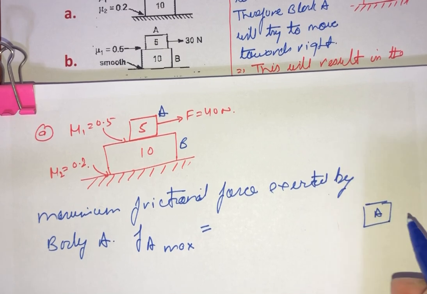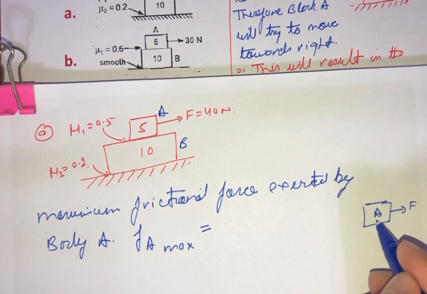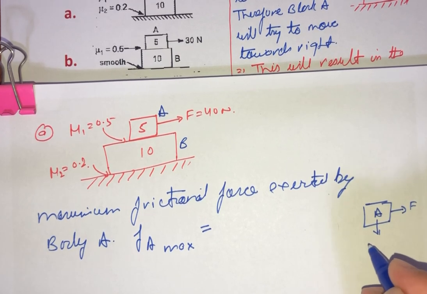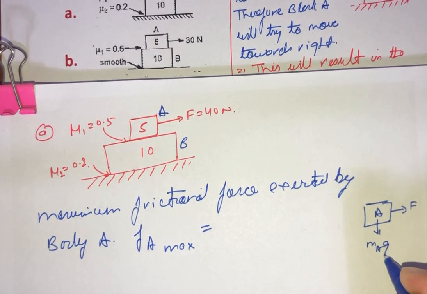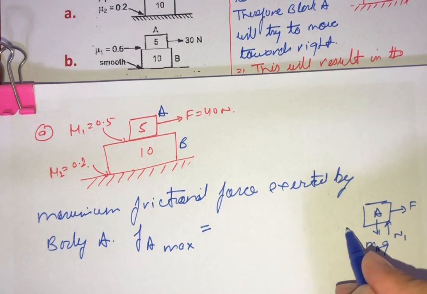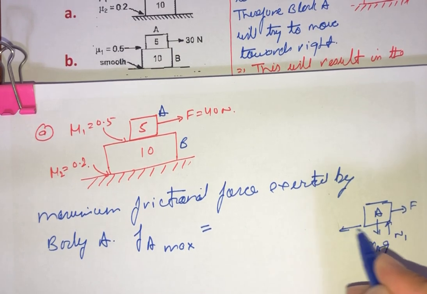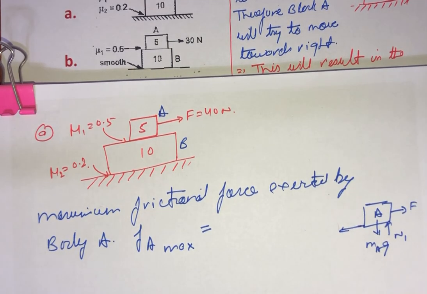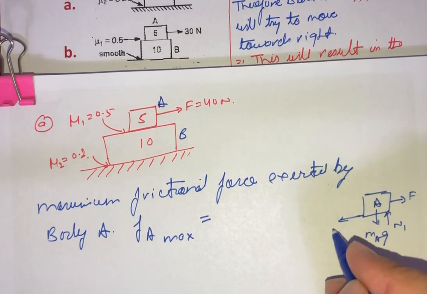So this is body A, F force is being applied, so there will be a mg in the downward direction, and there will be normal N1 in the upward direction. Okay, and the friction force will obviously be acting in the backward direction. Okay, let us call this FA.